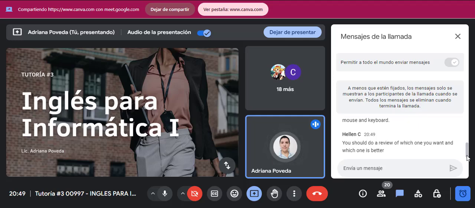Then Helen wrote, you should do a review of which one you want and which one is better. Helen used two different clauses, joining them into one sentence. Very good.